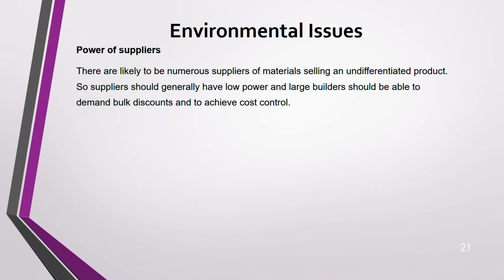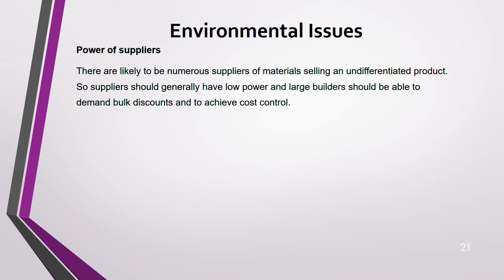in this industry is more or less low. There are likely to be numerous suppliers of materials selling an undifferentiated product. Whatever this one is building, that one is also building the same thing. There's no differentiation. So they have low power. If differentiation is less, meaning undifferentiated product, you are giving the same product to the mass audience.